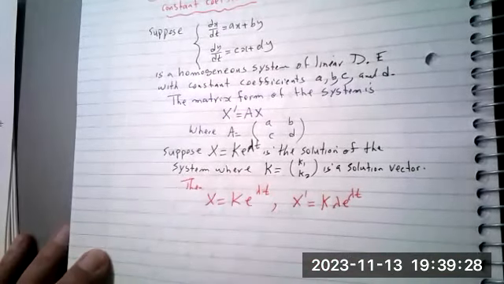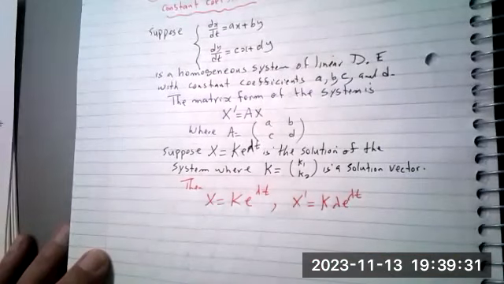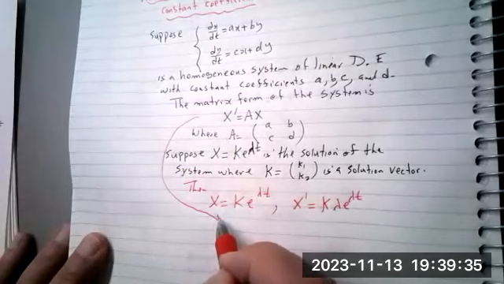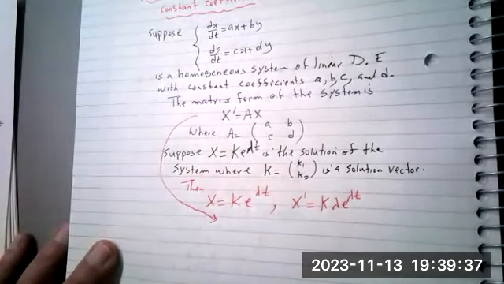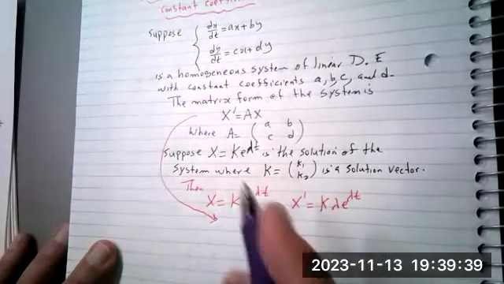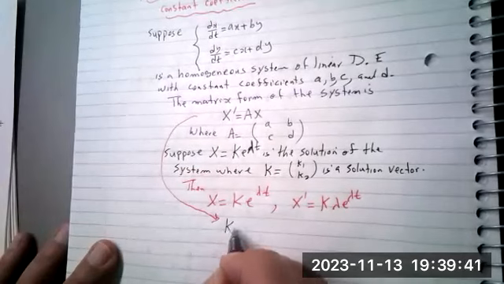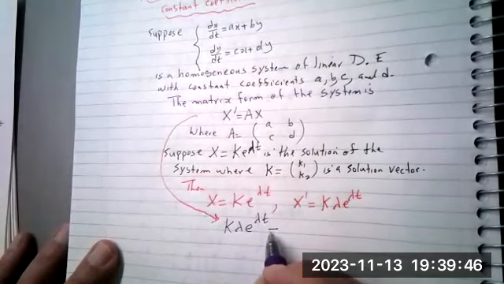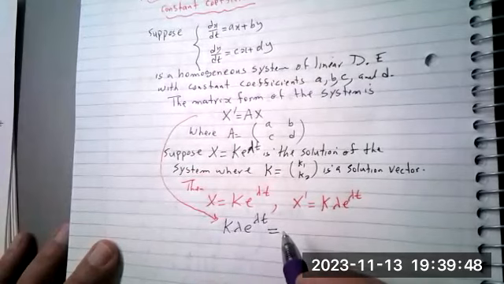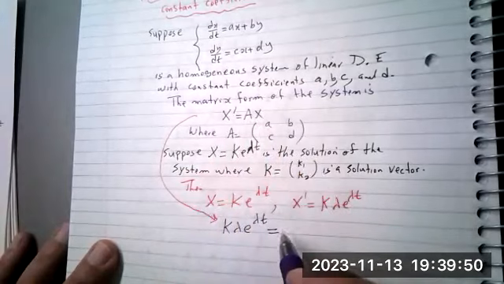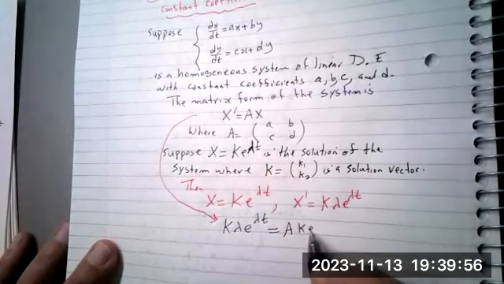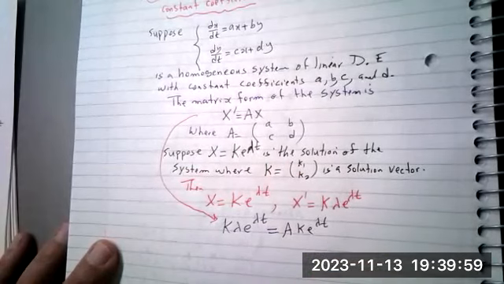So it must satisfy the equation; substituting into the equation, x prime, K lambda e to the lambda t, equals A times x. What is x? x is K e to the lambda t.